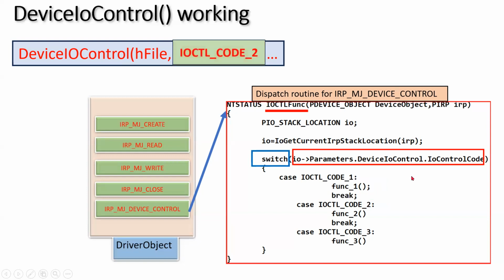Similarly, if IOCTL_CODE_2 is passed using DeviceIoControl, then this particular function is executed, which is under the case IOCTL_CODE_2. Next is IOCTL_CODE_3. This one is invoked when IOCTL_CODE_3 is used in DeviceIoControl.